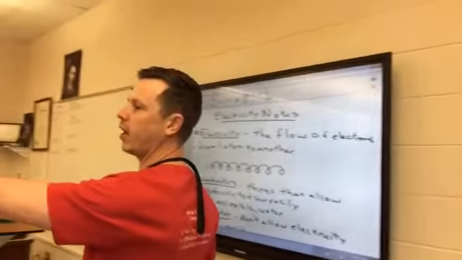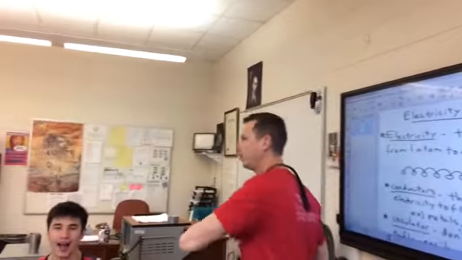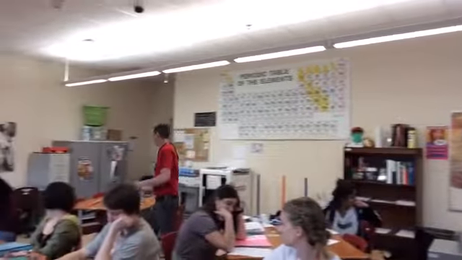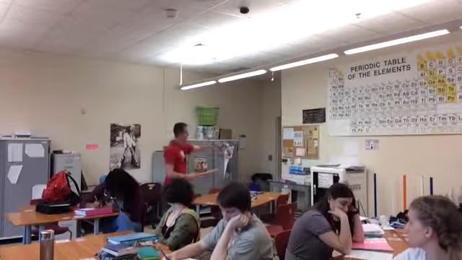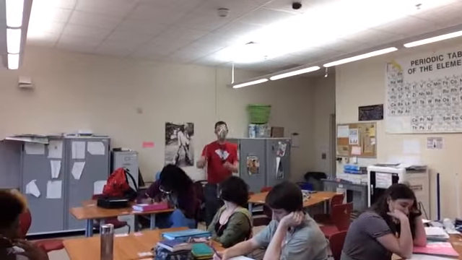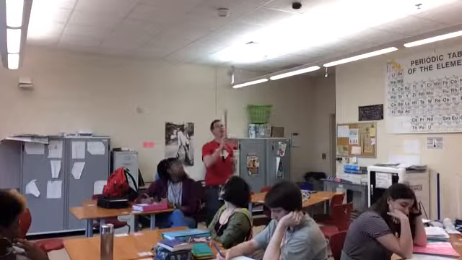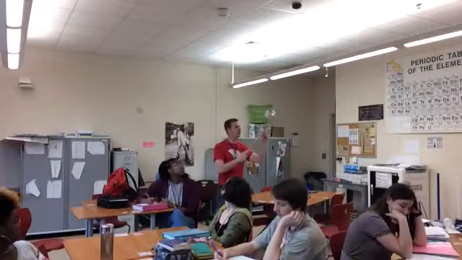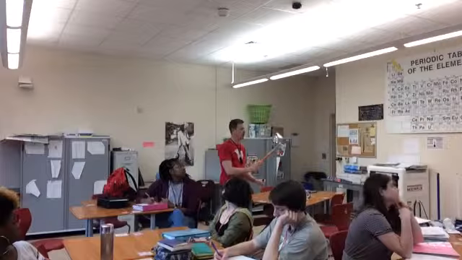And last but not least, we got our cool little Van de Graaff generators. What we did is we created a situation where it doesn't get charged until you touch the object, okay? And notice, what I'm doing when I'm touching the object is I'm giving this one what? Electrons.